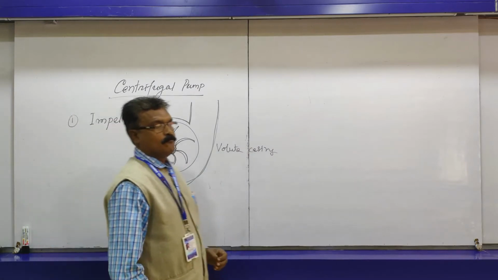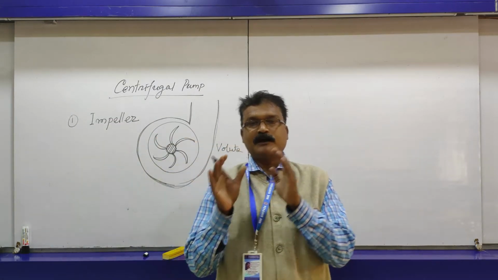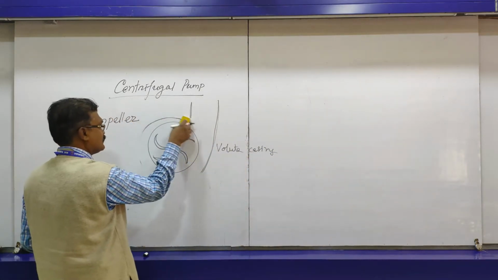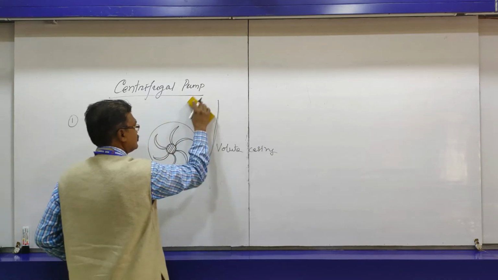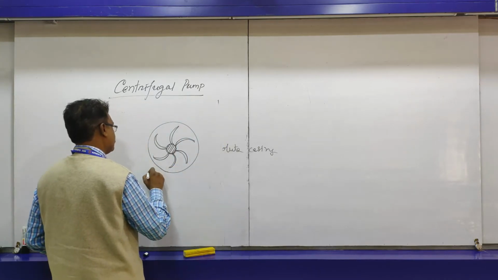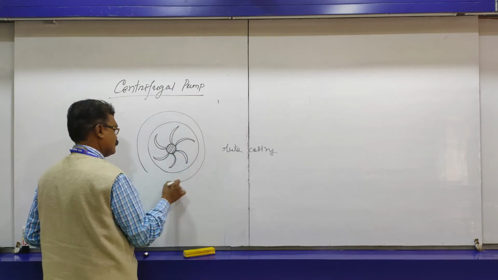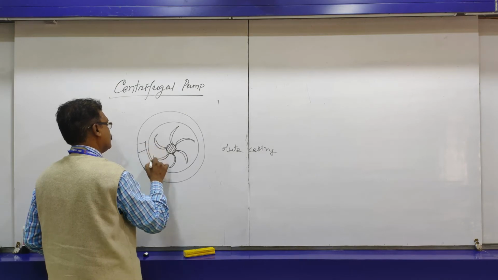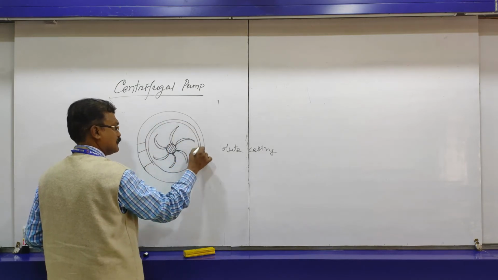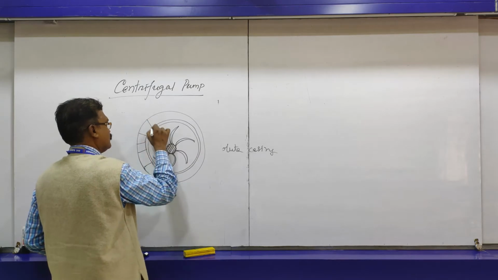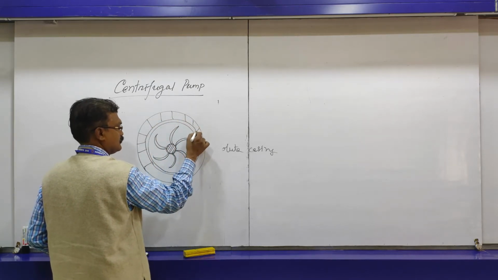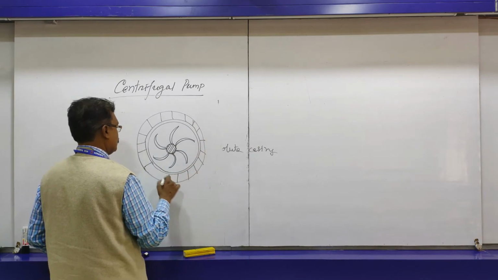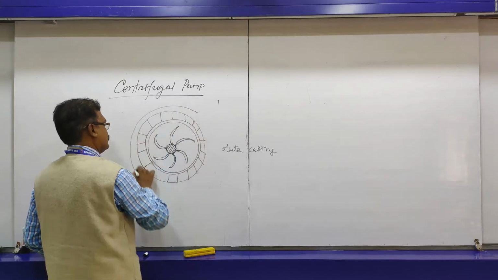In the vortex casing, there is one circular disc in between the casing and the impeller. Here is the circular disc.